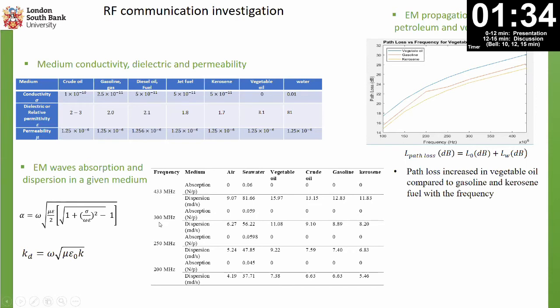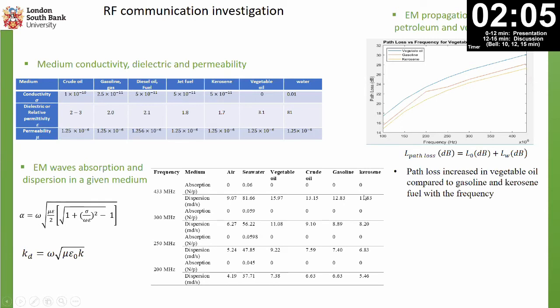But if you use low frequency, you get very good propagation of the wave in the medium, as this table shows. For example, for seawater, the propagation was very bad. The absorption was much higher compared to vegetable oil or crude oil or gasoline or kerosene.